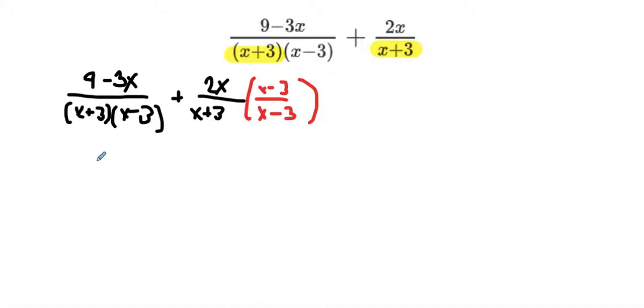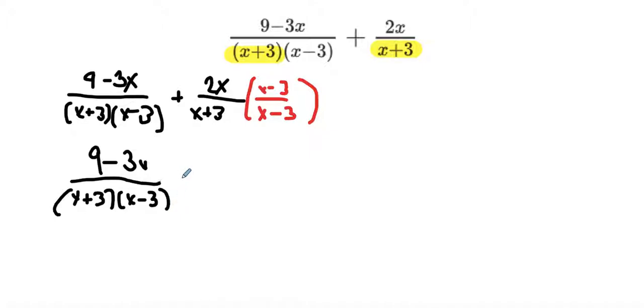And I go to simplify this. I'm left with 9 minus 3x over x plus 3 times x minus 3, plus, I'm going to go ahead and simplify 2x over x plus 3 times x minus 3 over x minus 3.